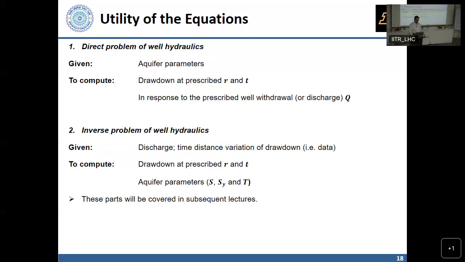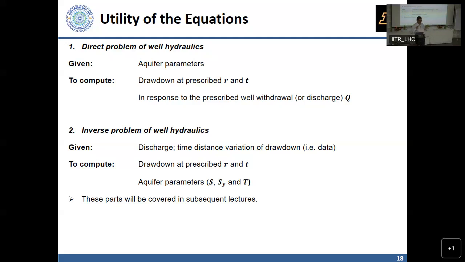That's a forward problem. The inverse problem is essentially us trying to identify the aquifer parameters. So we observe the value of the piezometric head at one or multiple locations as a function of time for given stresses to the system. So we apply pumping and so on.